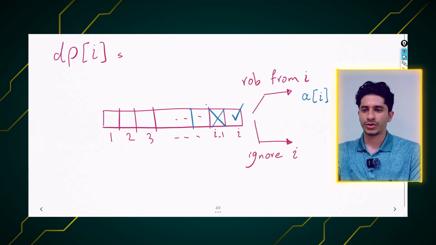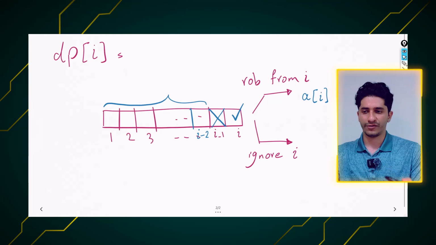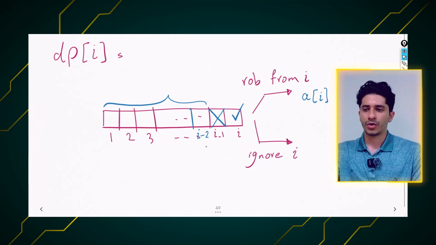But now look into our new problem. We have the first i minus 2 houses, and we can rob from each of them. But again, we should take care of our constraint, which was do not rob from any 2 consecutive houses. So this is exactly the definition of dp of i minus 2.